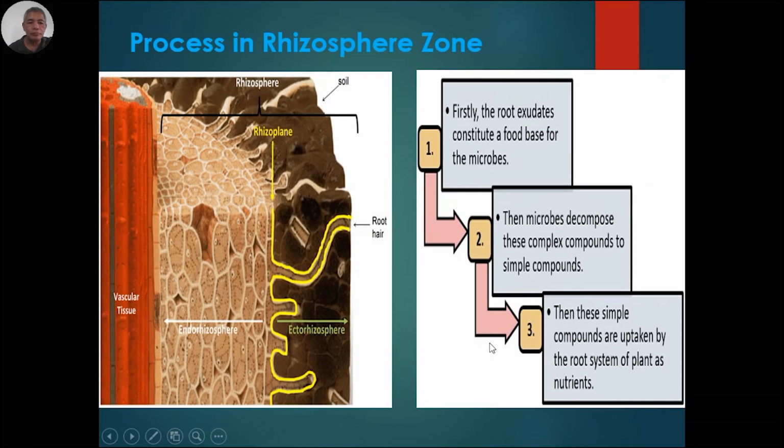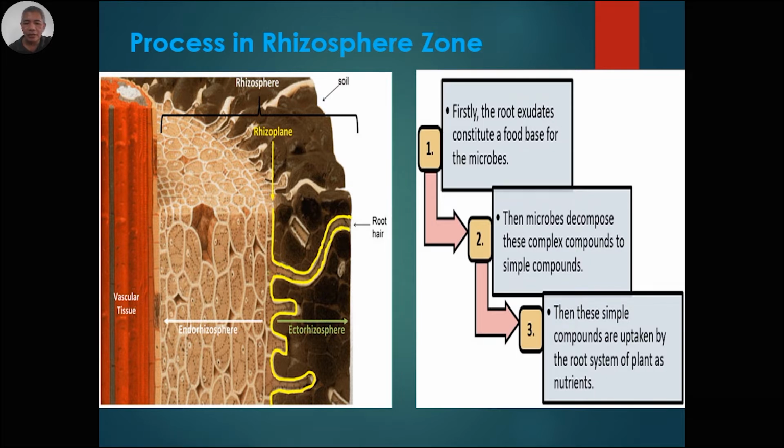Now, there are several processes involved in the rhizosphere zone. So first, the root exudates constitute a food base for the microbes. So there will be exudations that will happen.